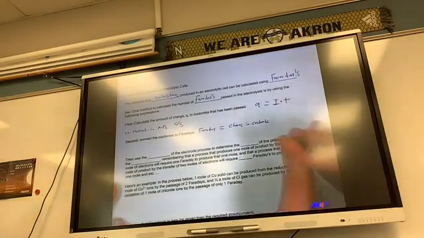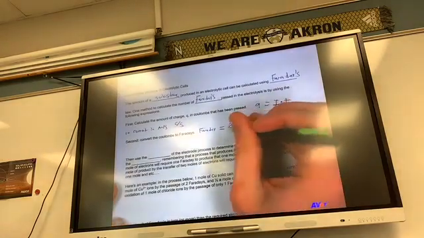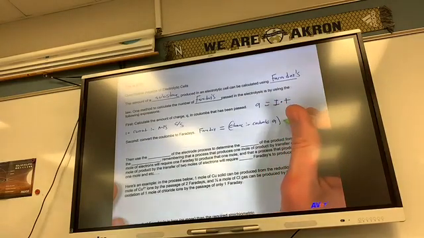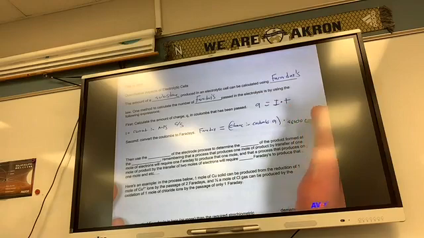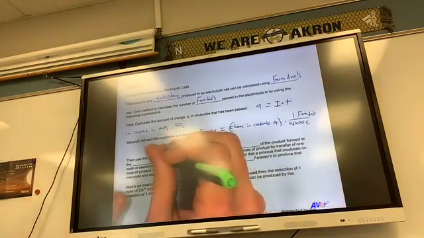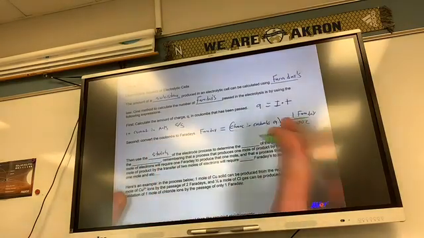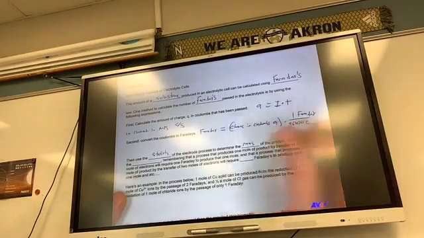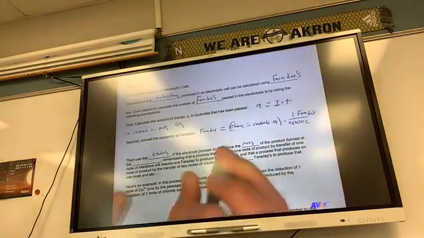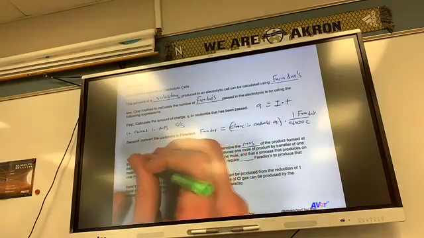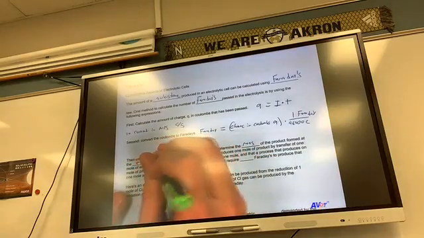So Q, in coulombs, times 1 Faraday per 96,500 coulombs. Then you use stoich of the electrode process to determine the mass of the product formed at the electrode. We've done this already. This is just in words what we've already done.